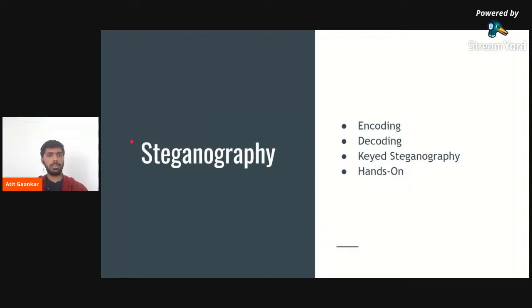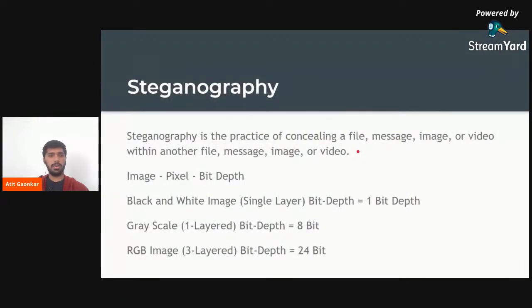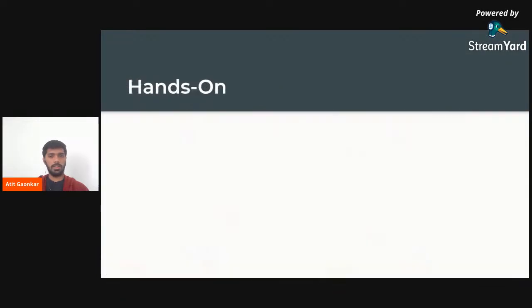Then we talked about steganography, and in steganography, we did a little bit of encoding and decoding. I didn't talk much about keyed steganography because I thought that would be out of scope. Moving on, we did hands-on on steganography.